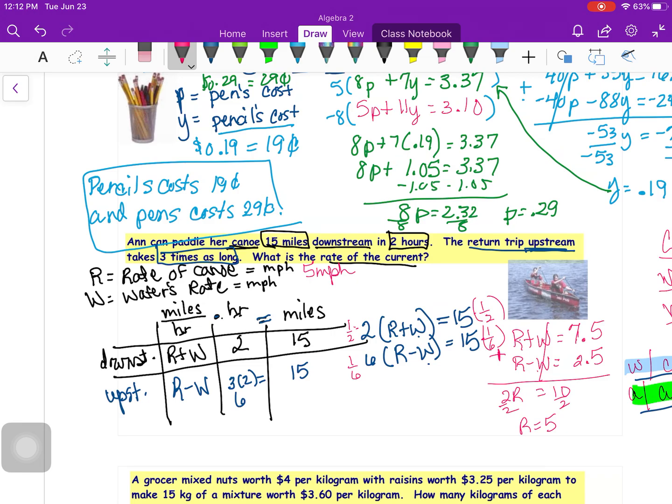But I was asked for the rate of the current. So I'm going to take that 5 and plug it back into this top equation. 5 plus W equals 7.5. Subtract 5.